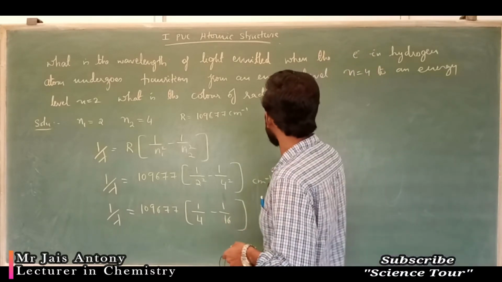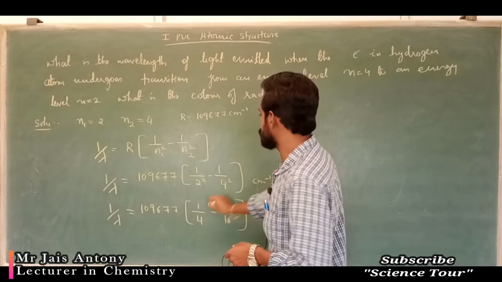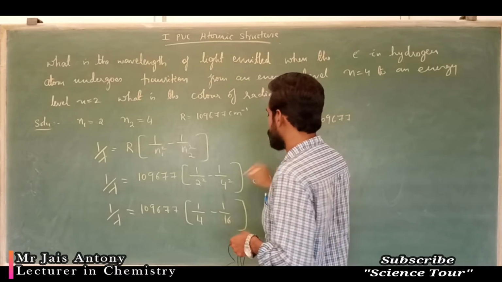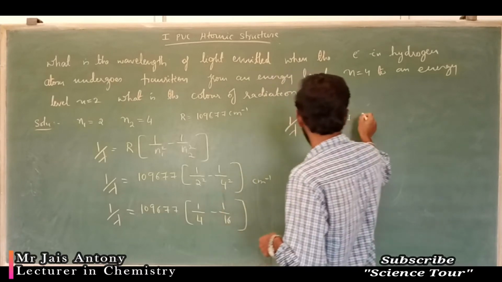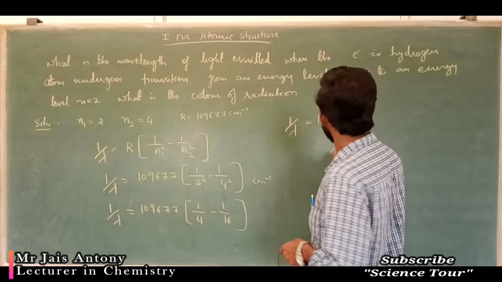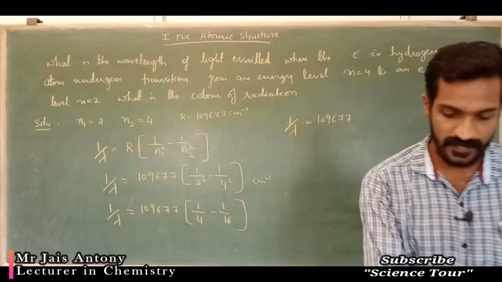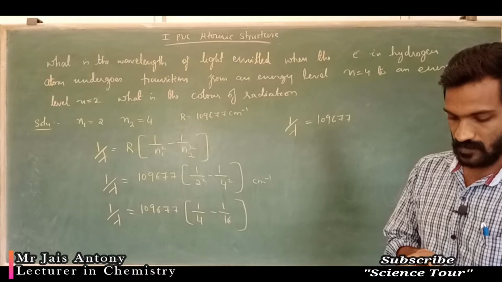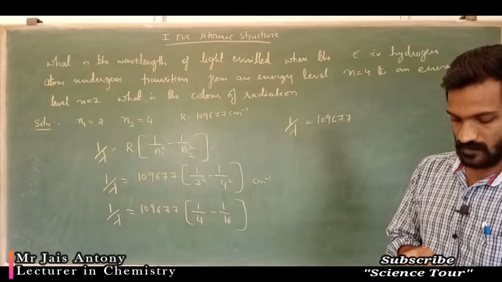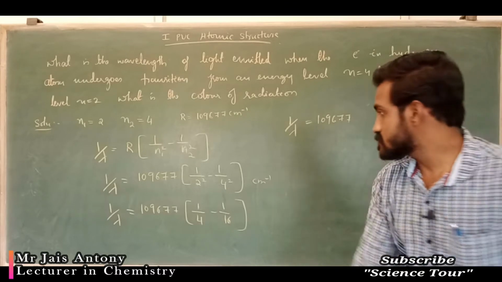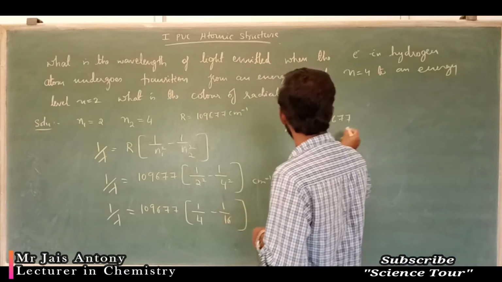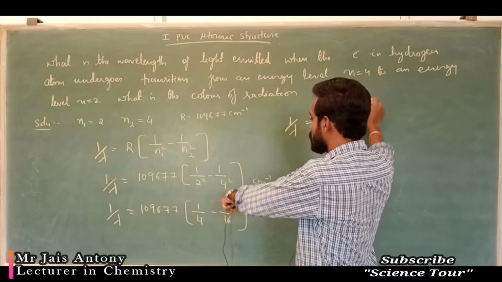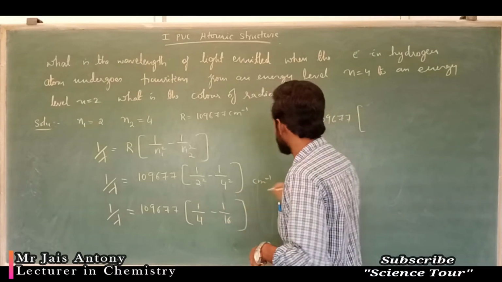Then while solving this, you will get 109677 into 1 by 4 minus 1 by 16. Taking LCM, 16 into 4 is 64, divided by 16 minus 4, which is 12.